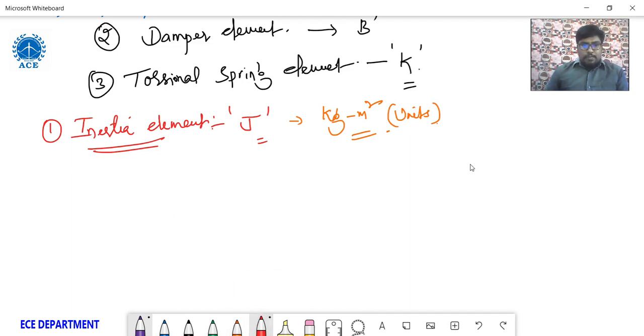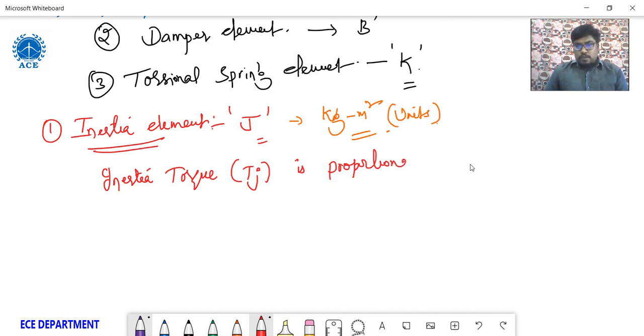Whenever torque is applied to the inertia element, that is called the inertia torque, represented with Tj, for example, which is directly proportional to angular velocity.